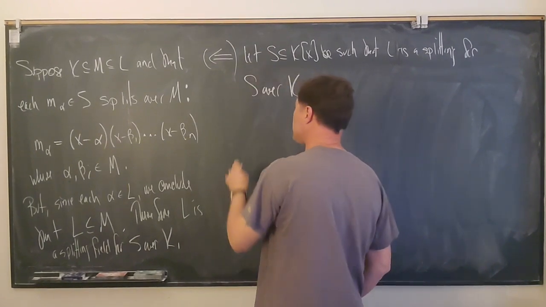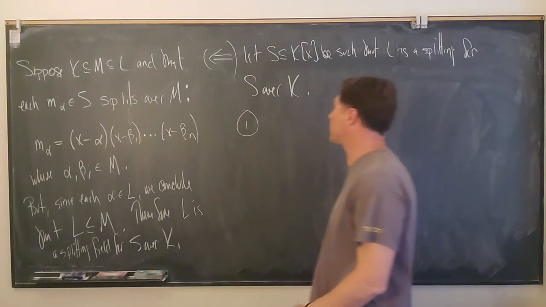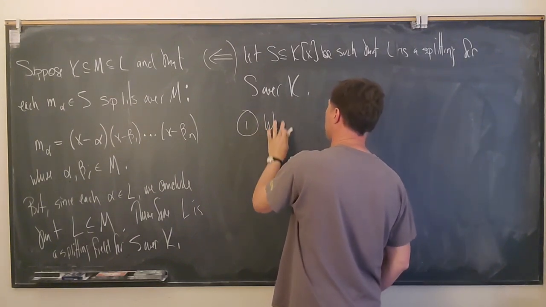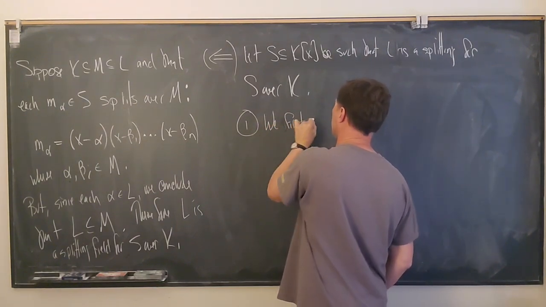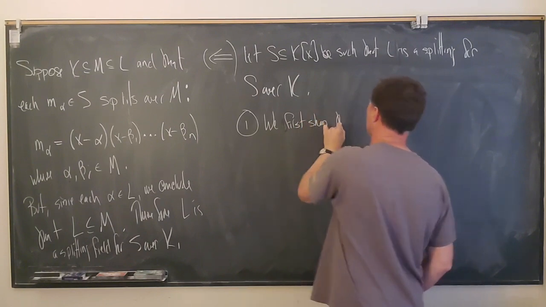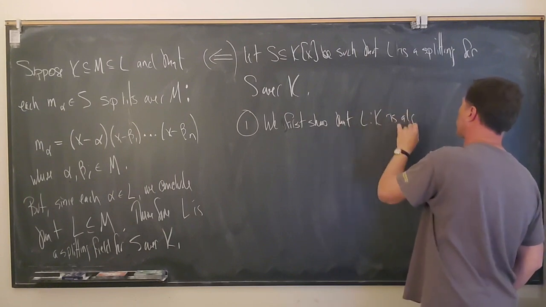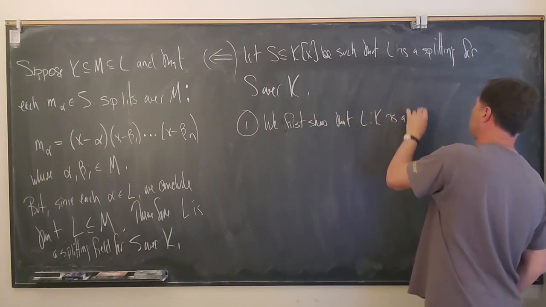So we'll do that in 2 steps, right? Because there's 2 parts to the definition of normality. We first show that L over K is algebraic.